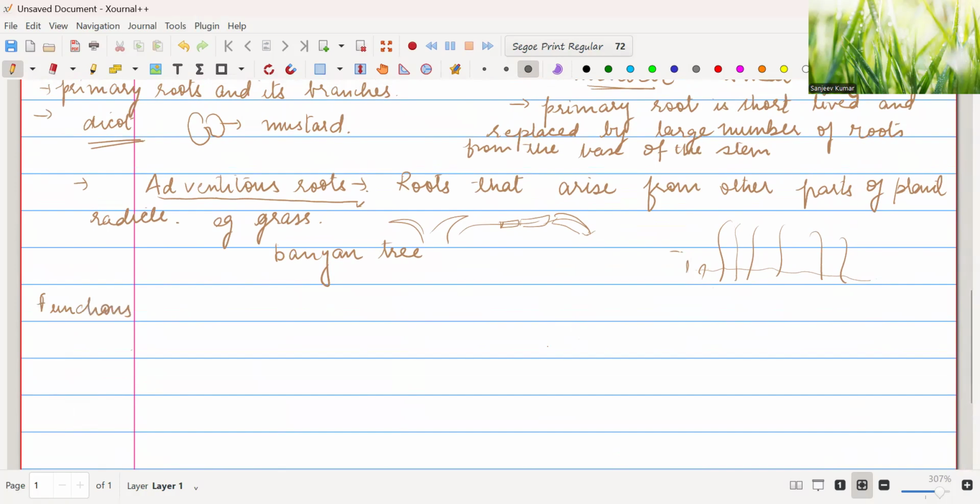Starting from the lower classes, the function is the absorption of water and minerals from the soil. Very important work of the root.